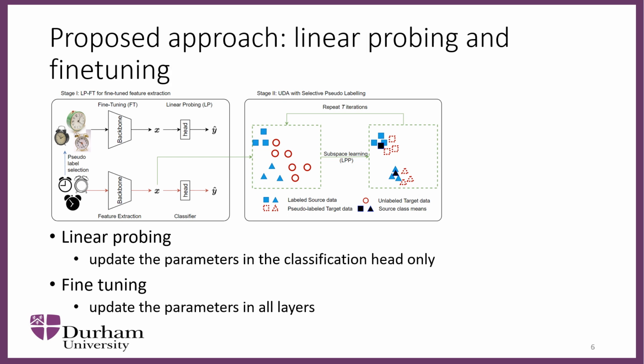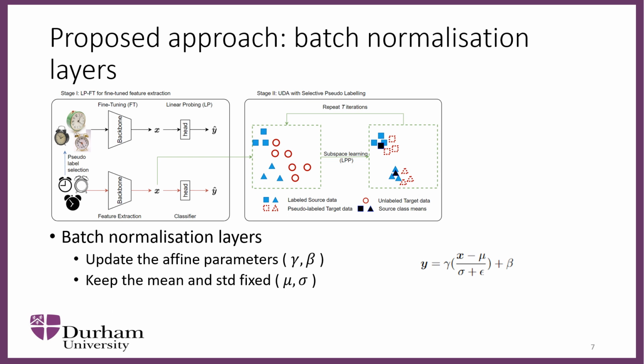We find that fine-tuning the backbone network in a conventional way may not be optimal. Instead, we apply a strategy of linear probing followed by fine-tuning and get better results than directly fine-tuning. One key in our model fine-tuning is that we treat the batch normalization layers in a special way.